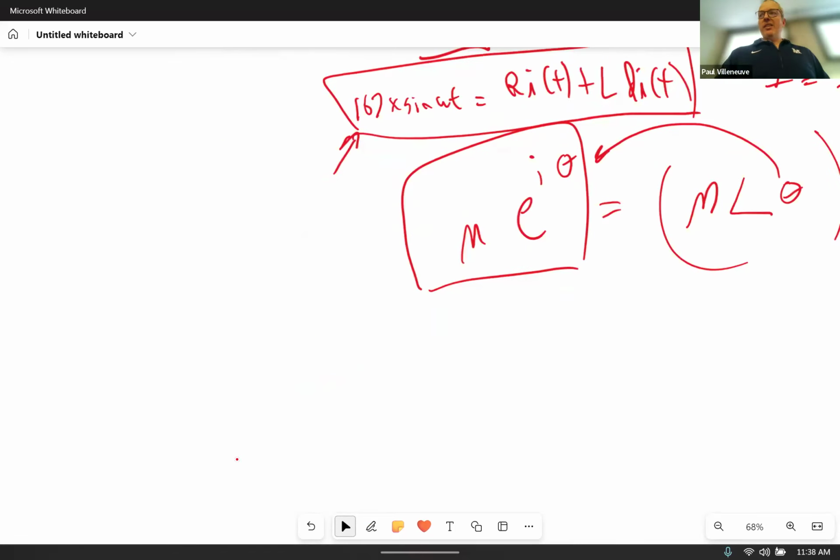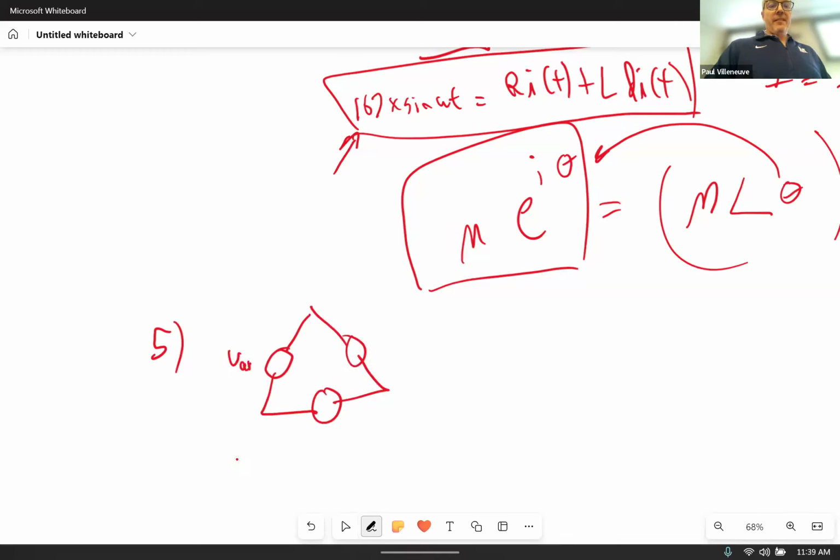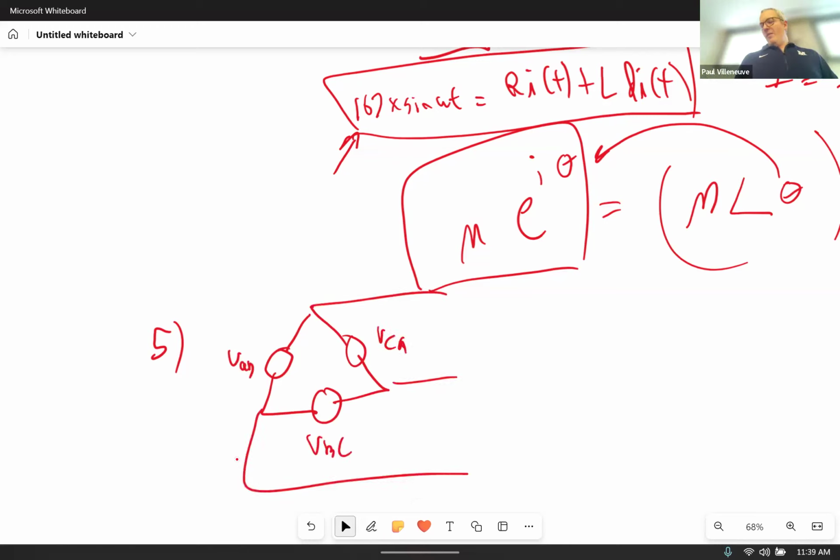Unless there are further questions, let's go to number 5. In number 5, you have a delta connected system. A picture tells a thousand words. There's VAB and VBC, and I gave you each of those voltages. I said, determine the line voltages.